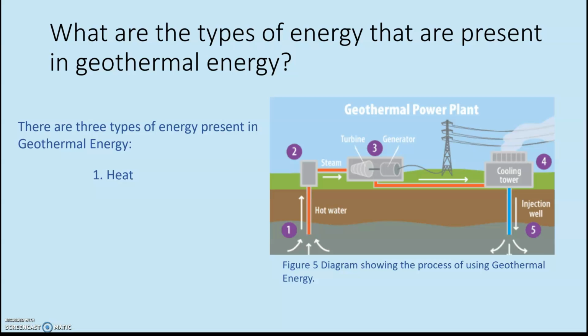There is mechanical energy when this hot water is pumped to the Earth's surface, which is here. There's electrical energy when the steam produced spins a turbine connected to an electricity producing generator, which is here.